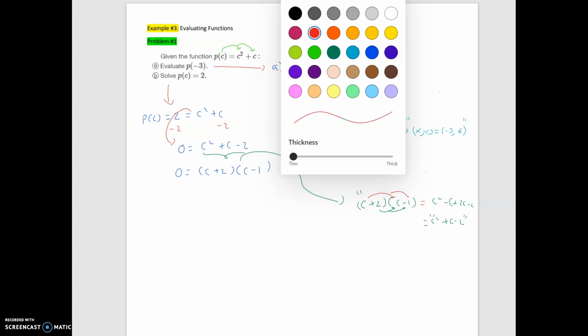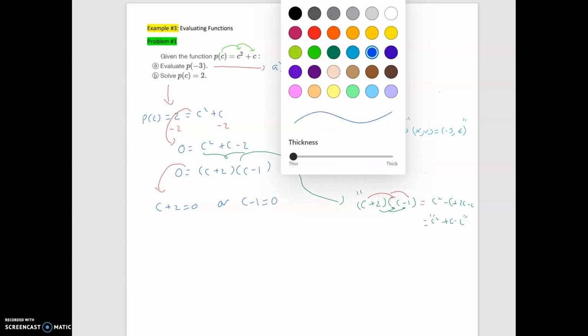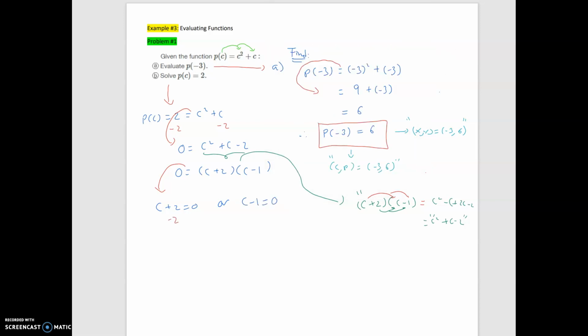Now, after we set it equal to 0, we use the zero factor property, which says that c plus 2 is equal to 0, or c minus 1 is equal to 0. Then you solve each of these. Subtract 2, and plus 1, and you end up with c is equal to -2, or c is equal to 1.